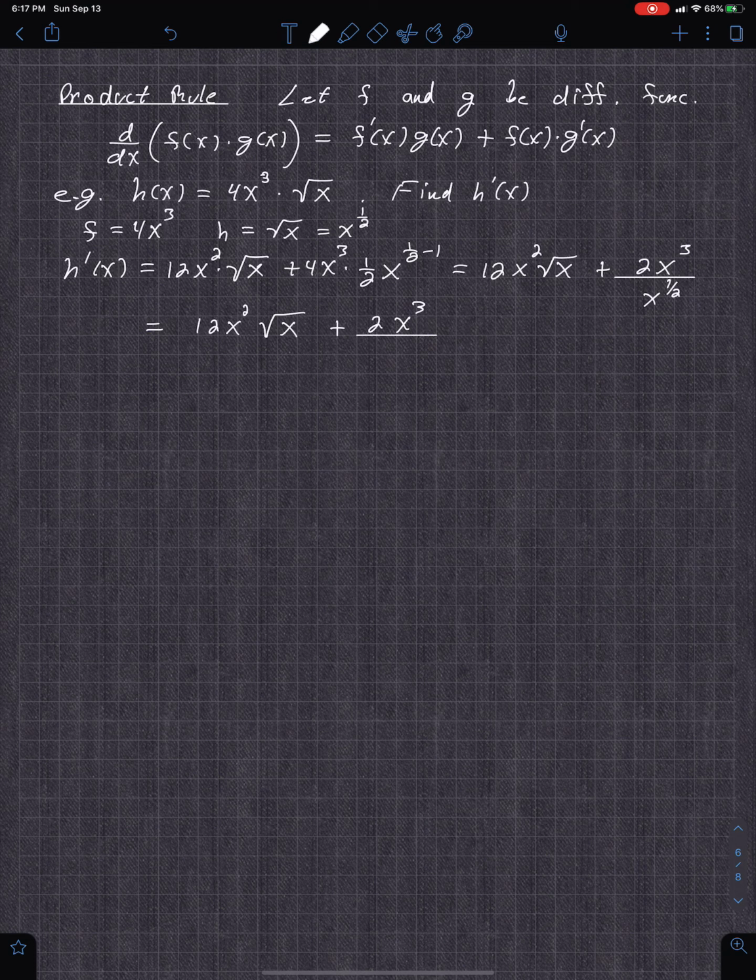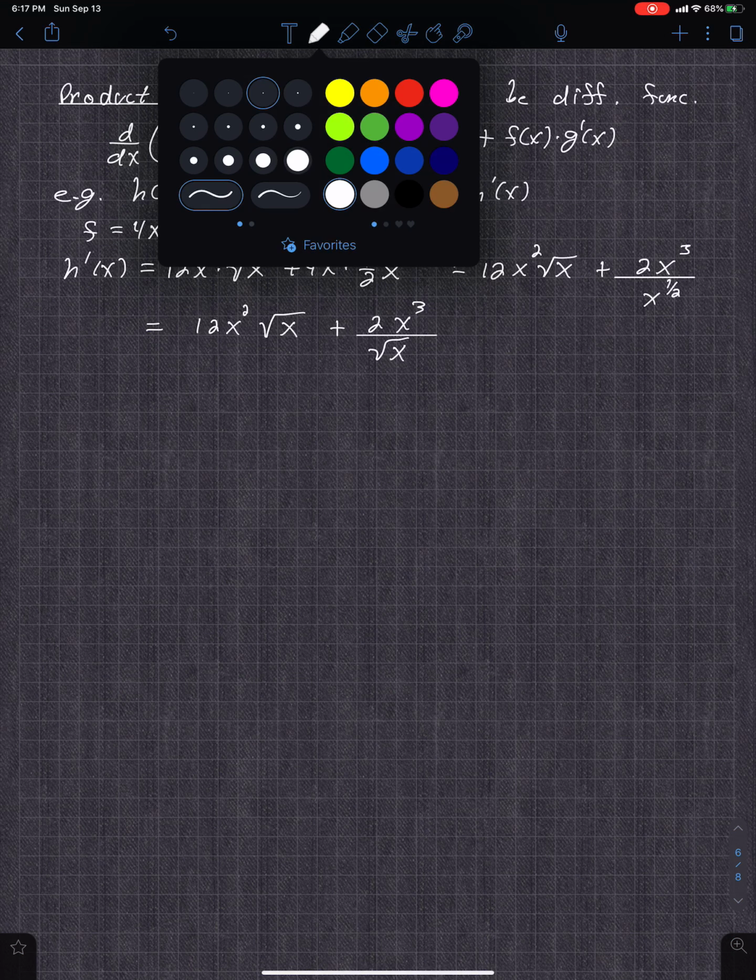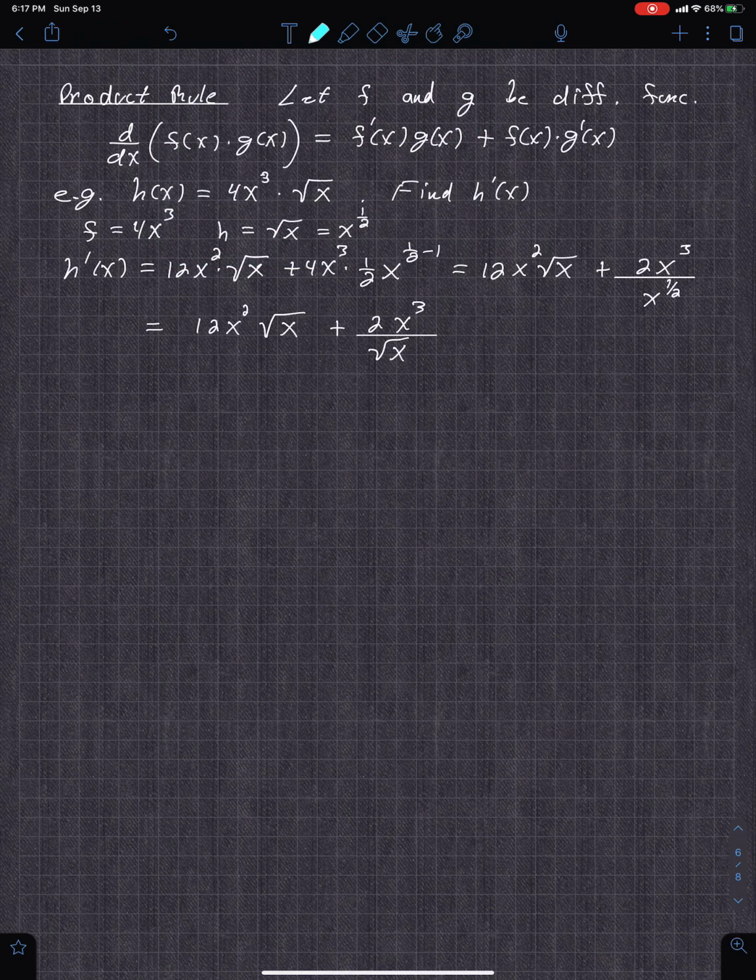Okay, so if you wrote this with all radicals, usually when you start with a radical, you want to end with a radical. If you start with a fractional exponent, you can end with a fractional exponent, but usually you want to mimic the same thing. Okay, so what I was going to show you, just notice that you could have done this. You have x to the third, and then x to the 1/2.